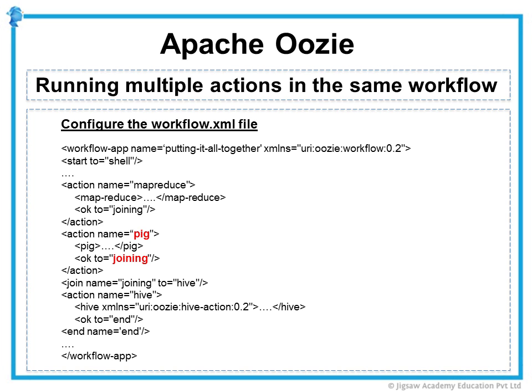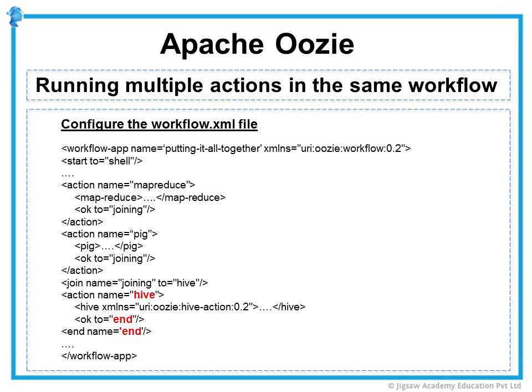After that has completed, it will then go to the joining node. The to attribute in this joining node indicates the next action that it has to run, and in our example it is the Hive action. After the Hive action is successfully run, it will take us to the end node, and then it will end the workflow.